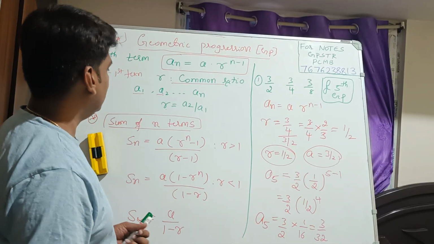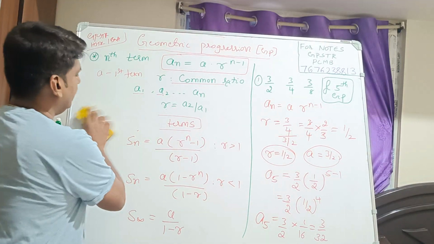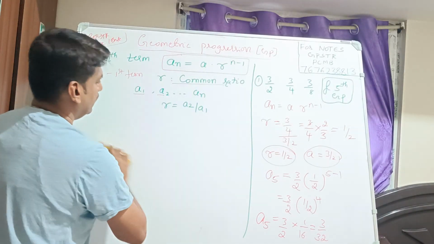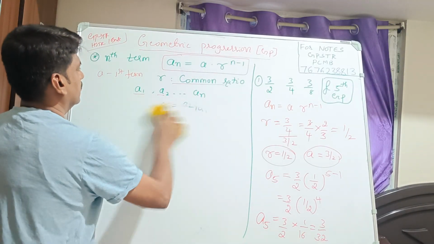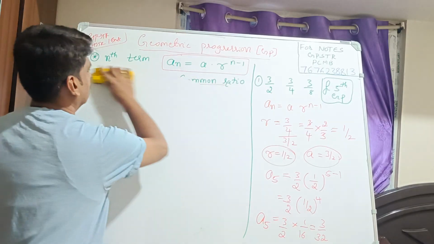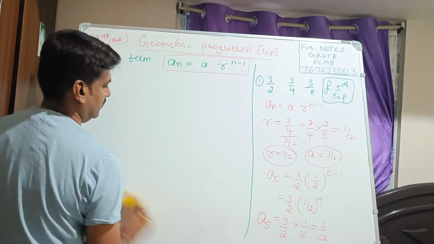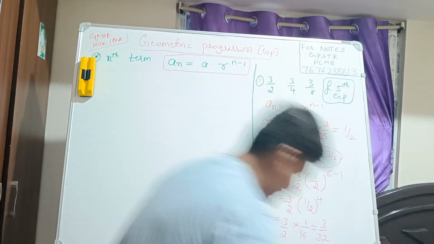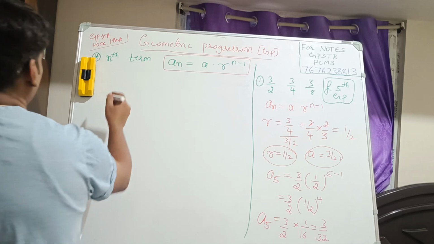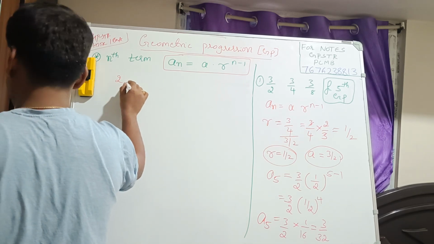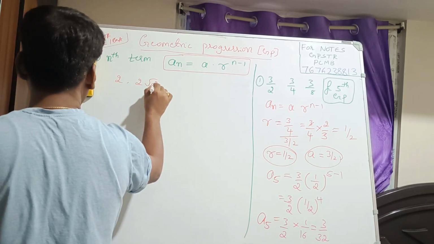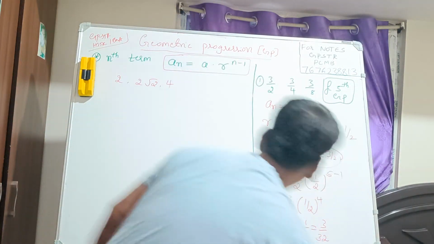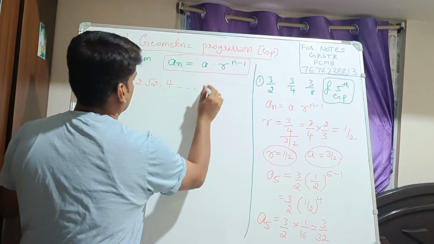Now the second problem. We take 2, root 2, and 4, up to 32.